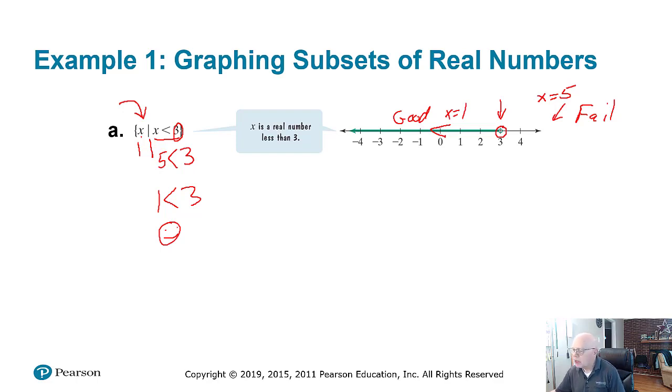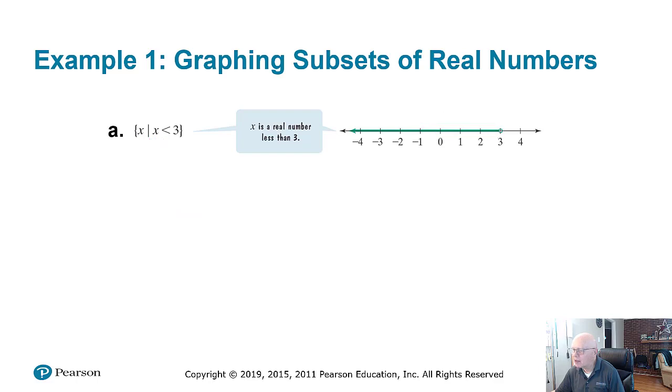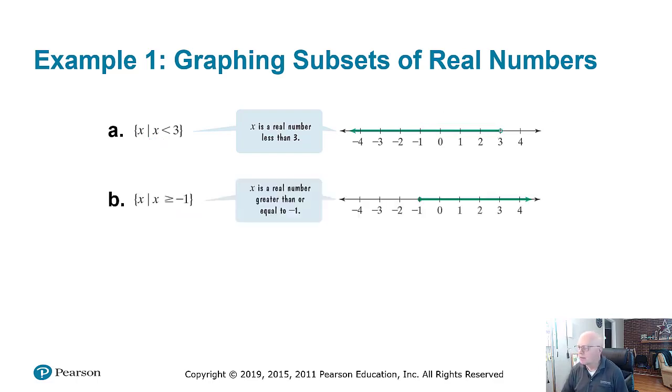Now, before we go to the next part, we want to clean our slate here. Next one. This looks a little bit different. Set builder notation again. The set of all x such that x is greater than or equal to -1. First of all, there's our boundary point, -1, you can see the boundary point right here. But this time we have an equals as part of our inequality.